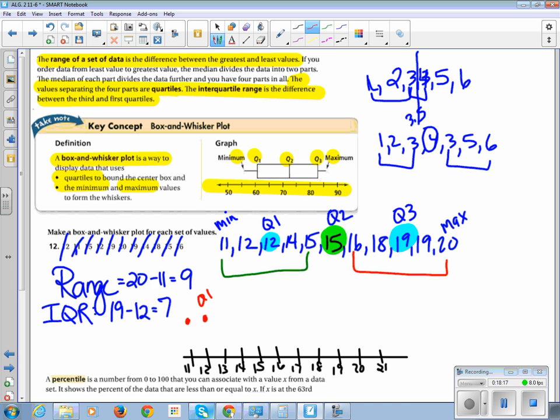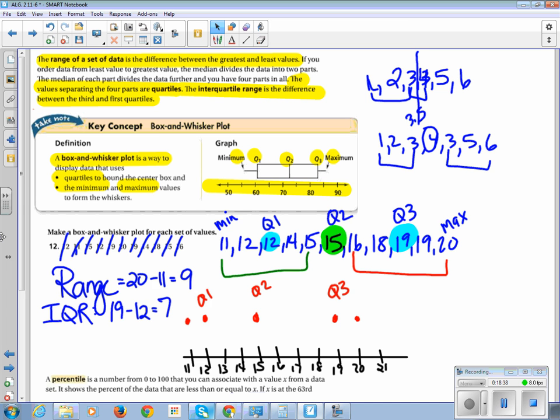Put in Q1, that's a Q. Looks a little wonky, looks like an A. Quartile 2 is here. Quartile 3 is right here. And our max value is there.